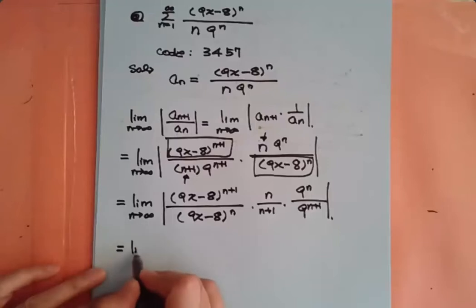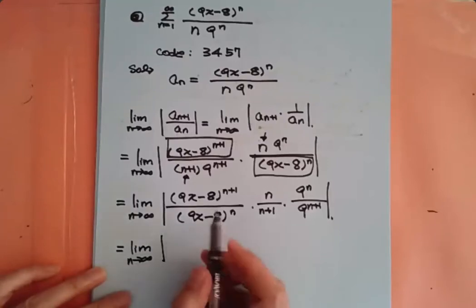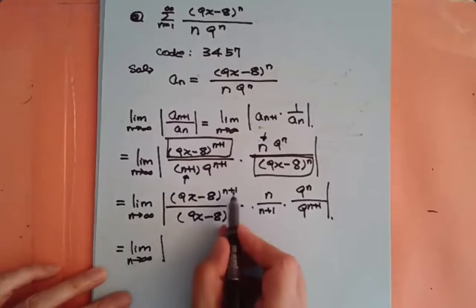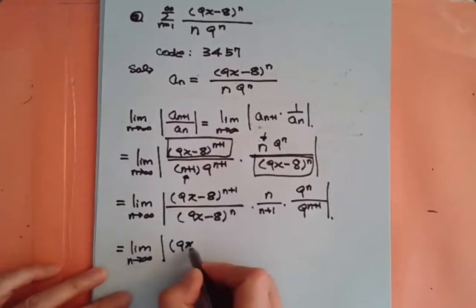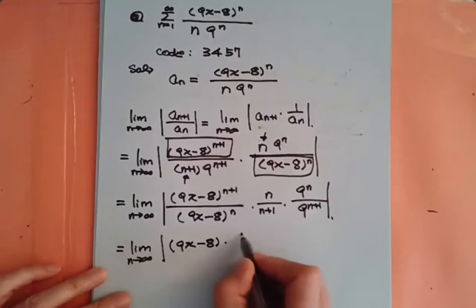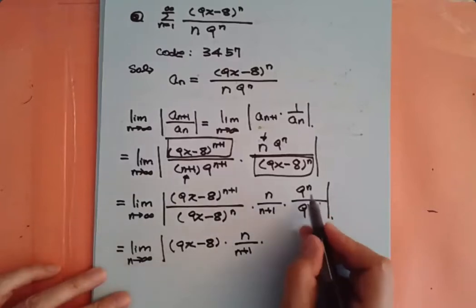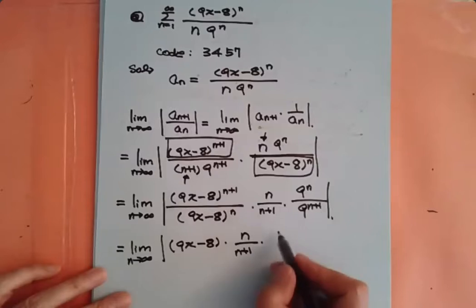So we can say that limit n goes to infinity. It has one more power. So we have 9x minus 8 times n over n plus 1 times this one. The denominator has one more degree, and so 1 over 9.